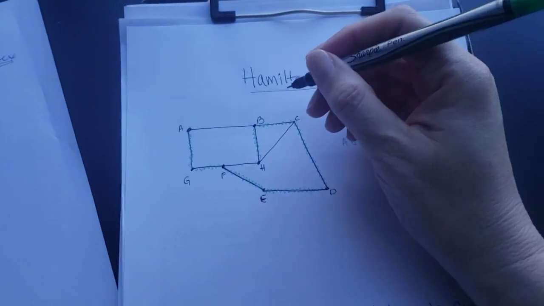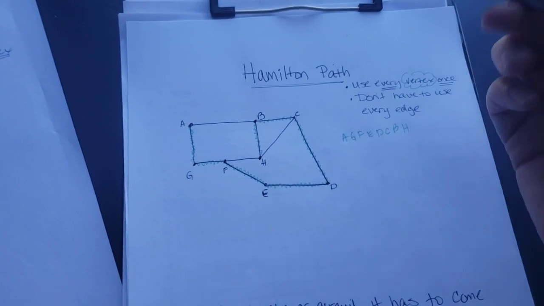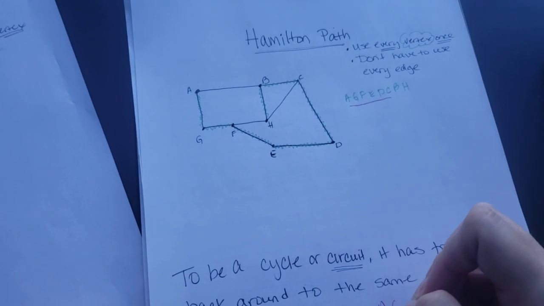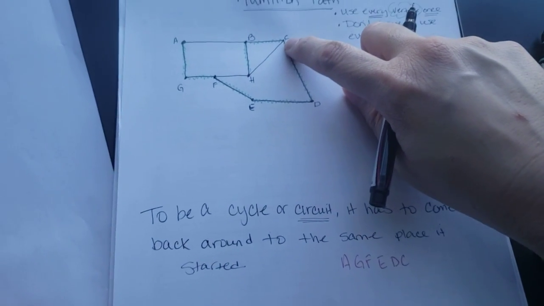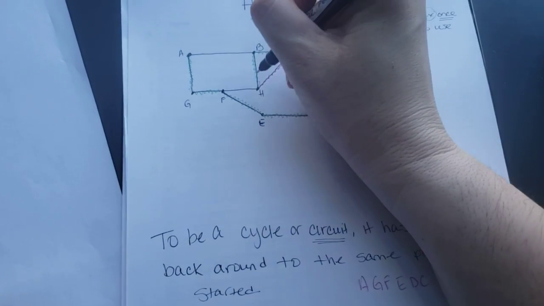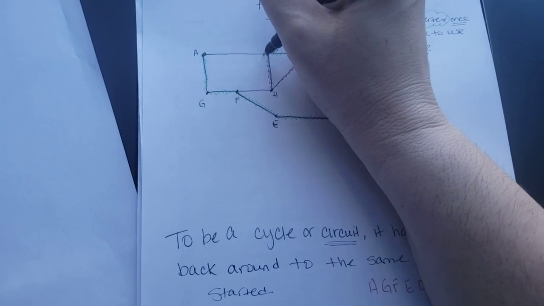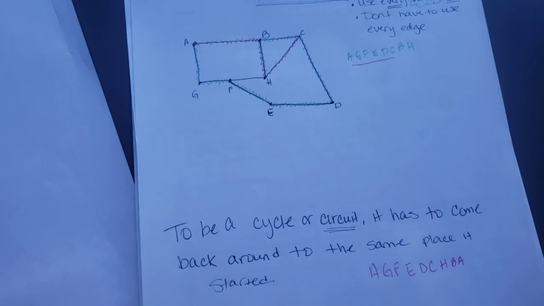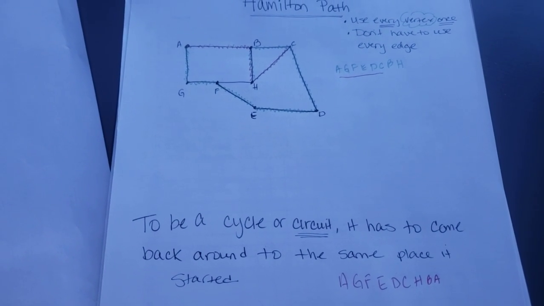So if we did everything the same, A, G, F, E, D, C, but after C, let's say we went to H, then to B, and then we went back to A, that would give us a Hamilton circuit, not just a Hamilton path.